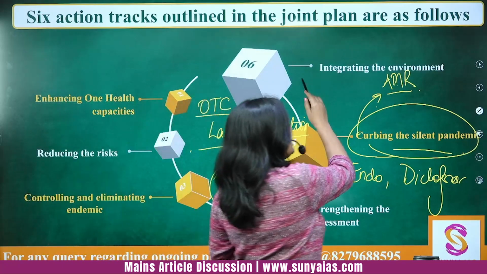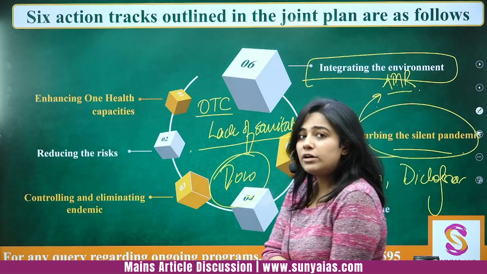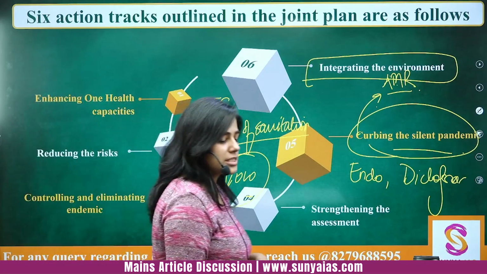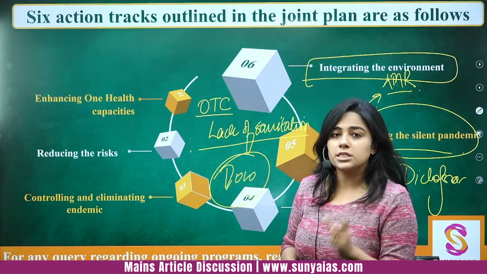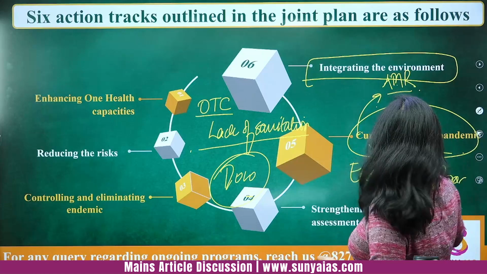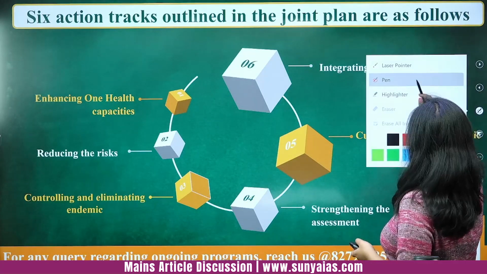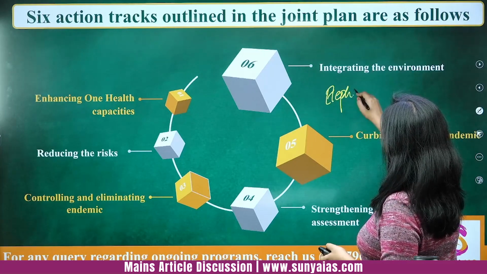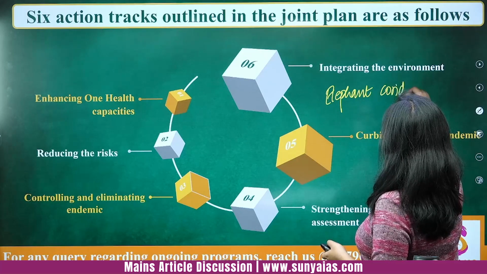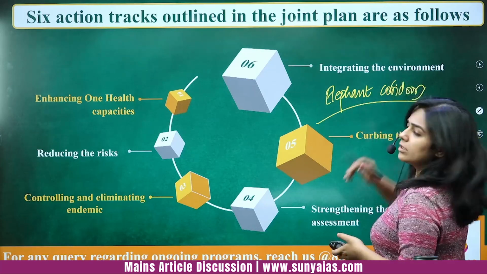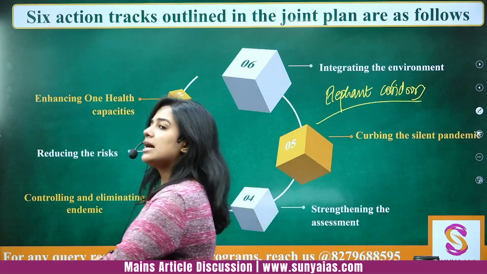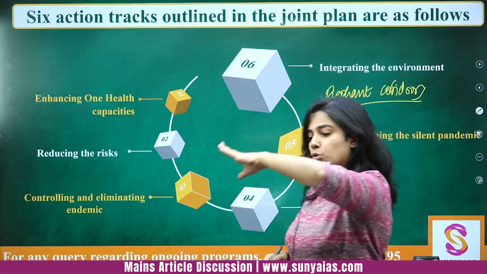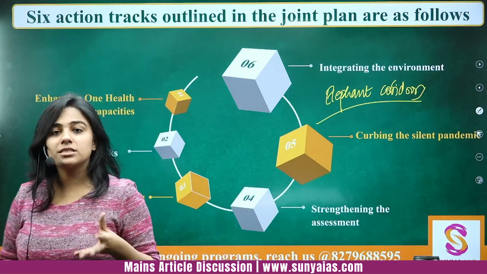And integrating the environment, whatever we are planning, even if we are planning the biggest of the cities, the busiest of the complexes, we are not supposed to disturb the animal kingdom. So for example, you would have seen in India, there is this concept of elephant corridors, wherein elephants can pass from above the roads, and they do not have to go over the roads, and there is lesser chance of accidents.